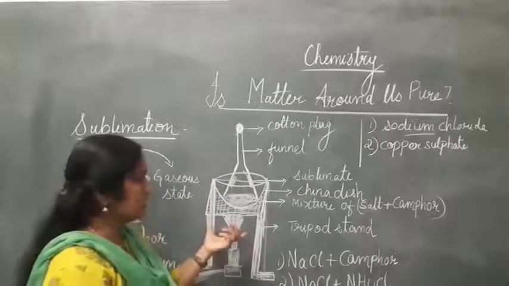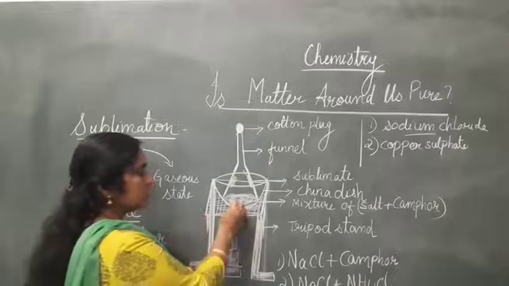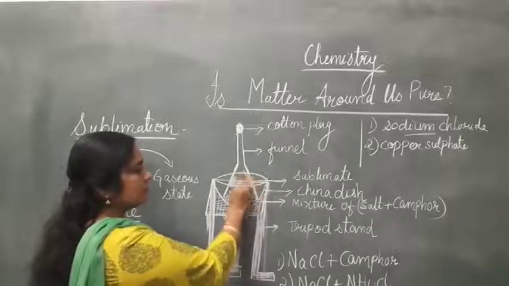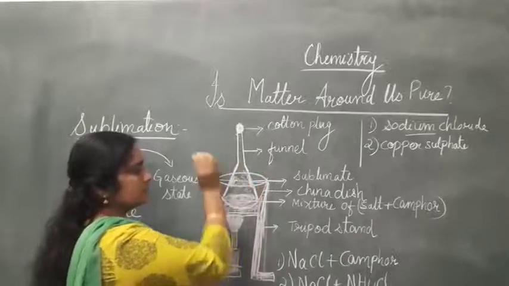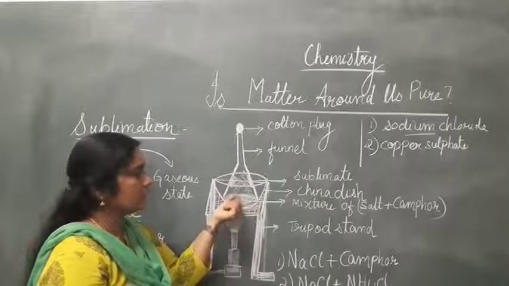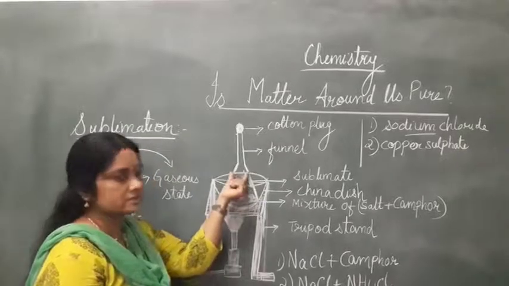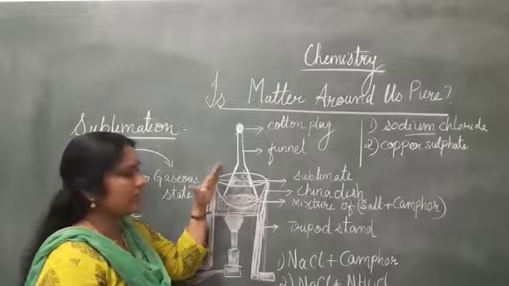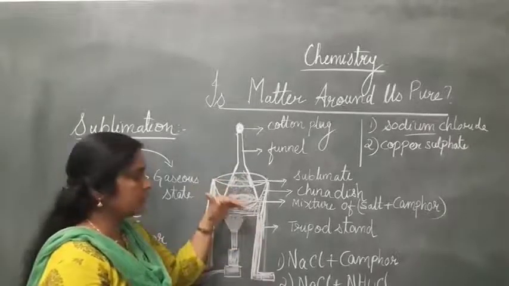When you heat it slowly, you can observe that after some time, white color vapors are rising up from the China dish. When you are heating it, vapors of one of the substances rise up. Continue for 10 to 15 minutes and then allow it to cool.